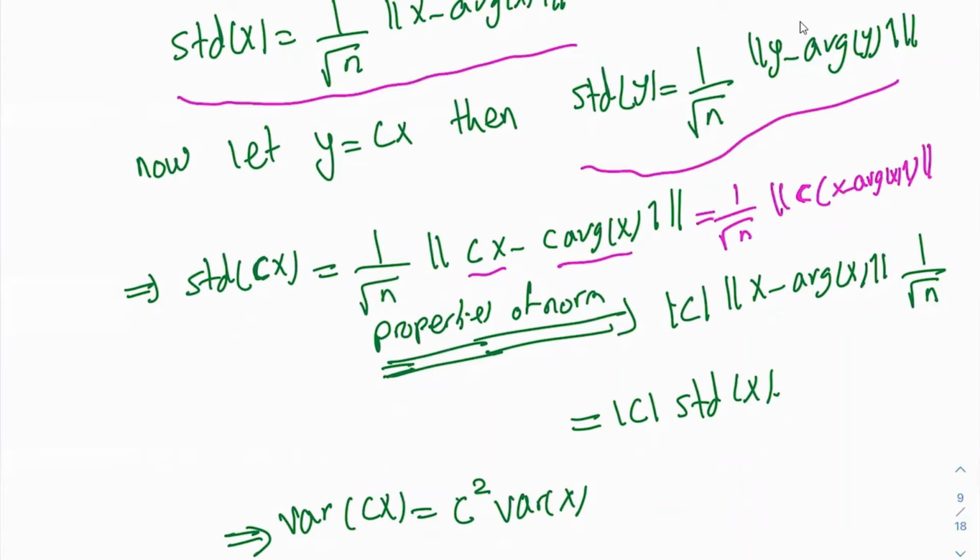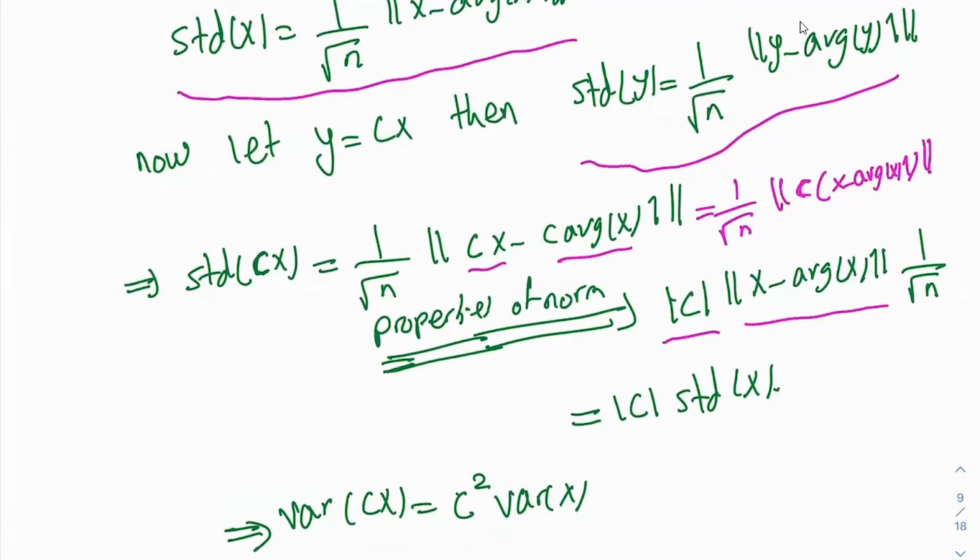So you extract c as a constant with absolute value, and then you carry 1 over the square root of n as well. But guess what this is? This is just the standard deviation of x, times the absolute value of c. So multiplying a vector by a constant will multiply the standard deviation by the absolute value of that constant. Intuitively, it should be a positive quantity, and that's why we have the absolute value.